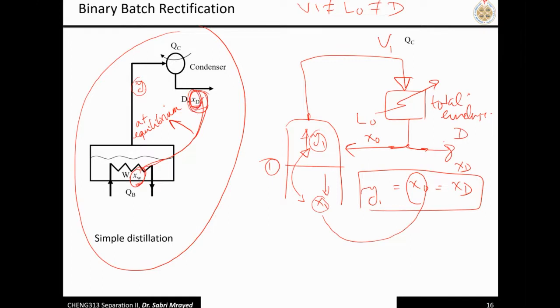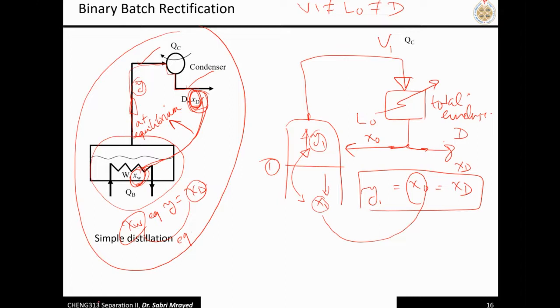We say that just because we have complete condensation, totally condensing all the vapor going up, so the composition here and the composition here are the same. Since the vapor leaving the pot is at equilibrium with xW, and y is equal to xD because of total condensation, xD and xW are at equilibrium. So hopefully you understand this principle.